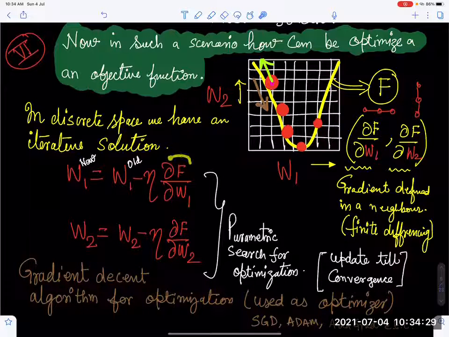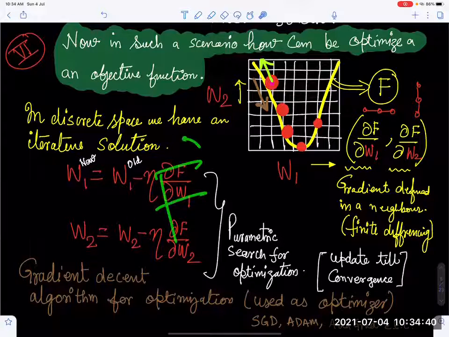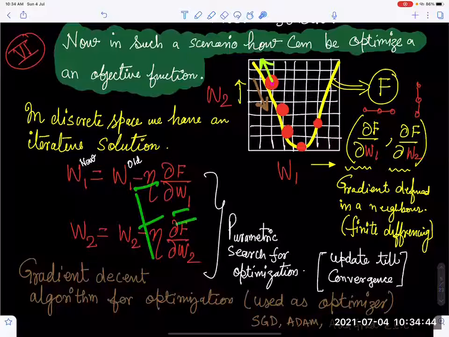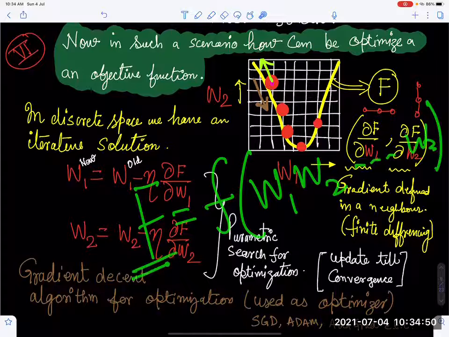you just get the derivatives del F by del W1, W2, W3, W4, and W5, because your F, the function over which you are trying to work, is a function of W1, W2, and so on. If I say find the derivative, you will have all these derivatives.